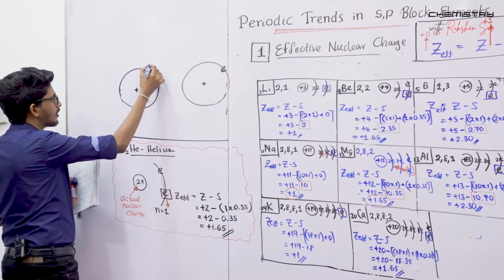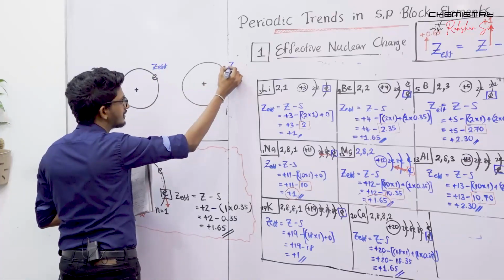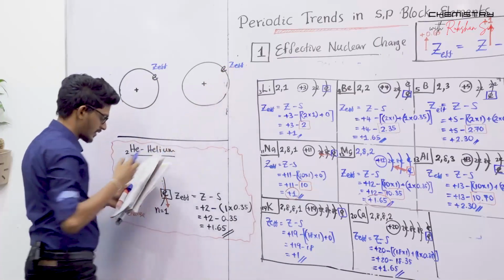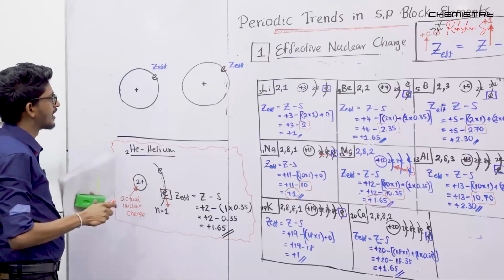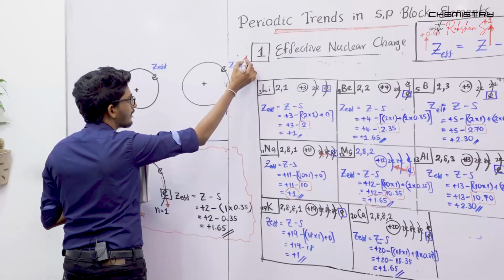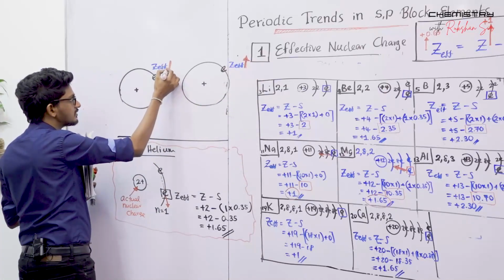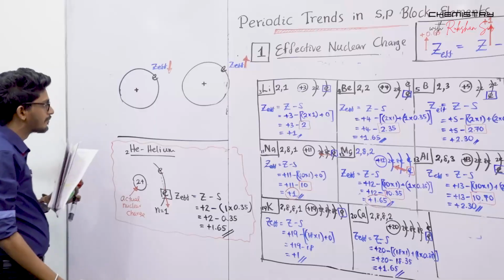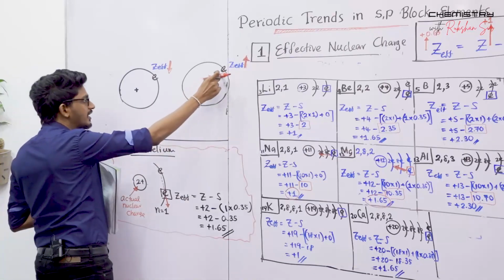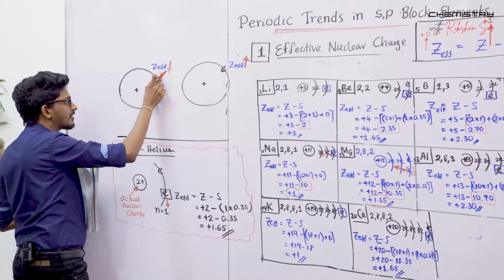If you are considering the affinity charge of this one and this one, and the affinity charge of this one is higher than this one, that means this electron feels a much greater charge from your nucleus than this electron.